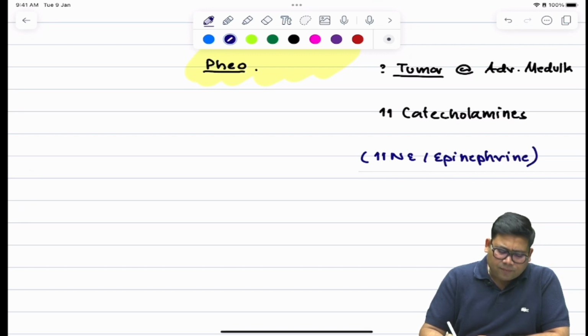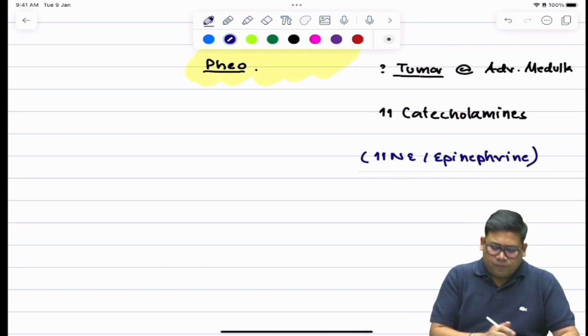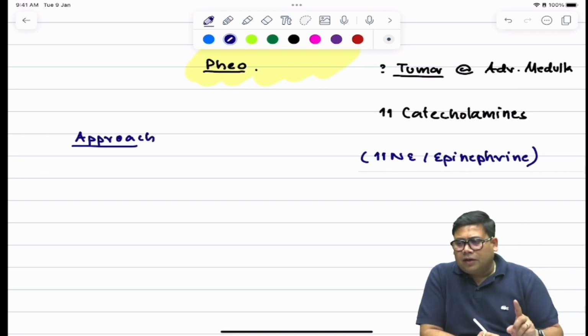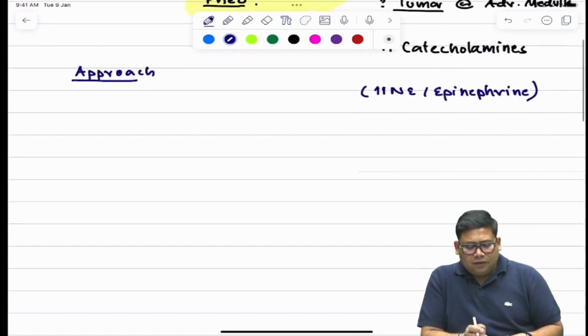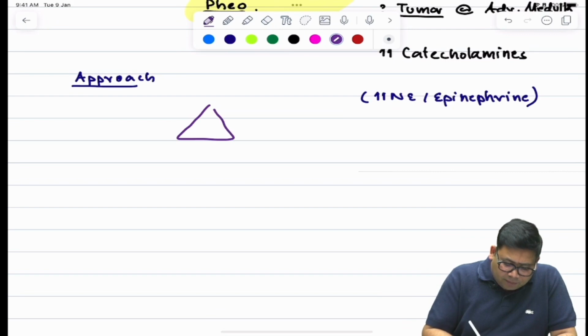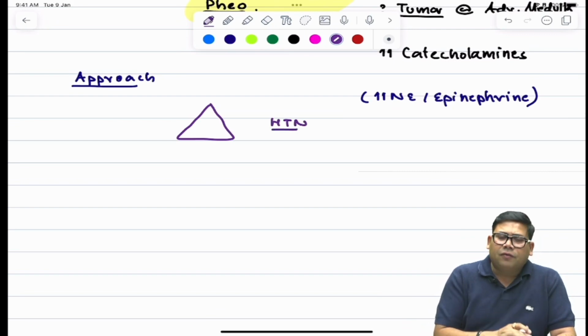Let us understand them. So whenever we have a pheo, what is the initial approach to pheo? Try to understand if there is excess of epinephrine and excess of norepinephrine. The first thing that will happen is what, students? There will be the classical complaint of hypertension. Now why is this hypertension a bit different from the others?